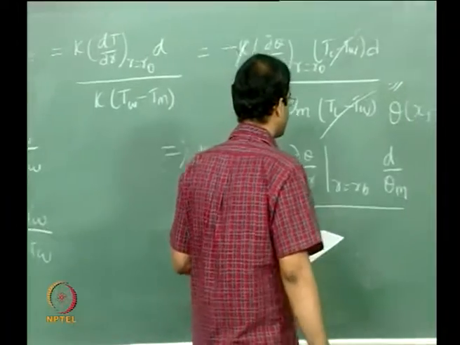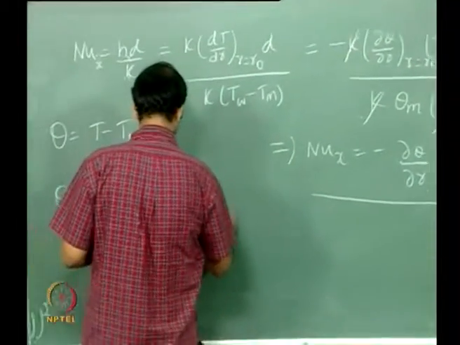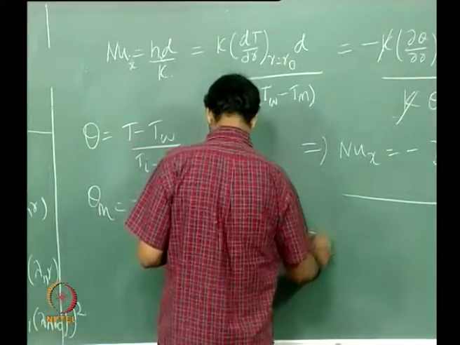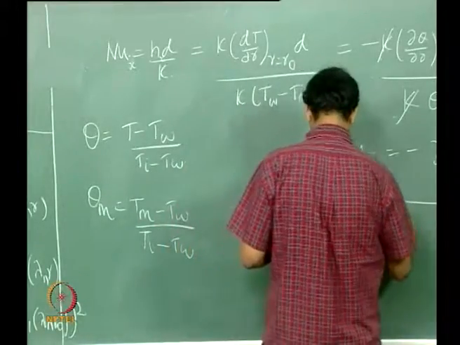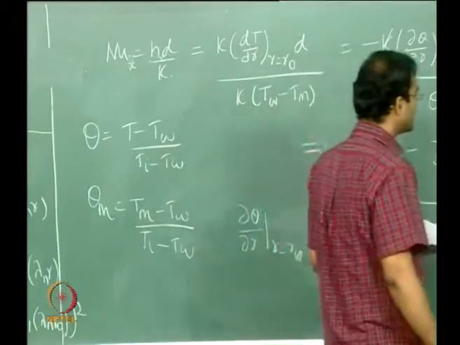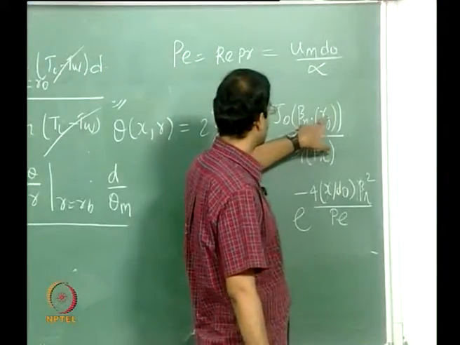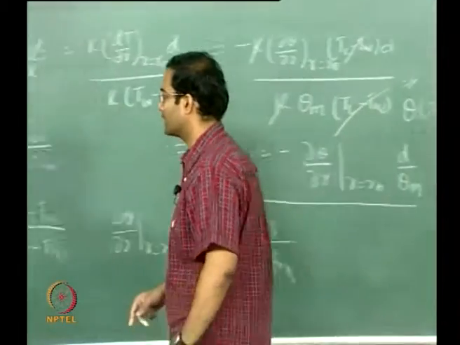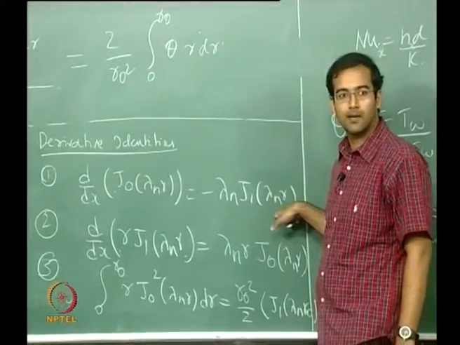And from your theta you can also calculate your d theta by dr at r equal to r naught, which comes to twice summation n equal to 1 to infinity 1 by beta n. So now when you differentiate, you have to differentiate J naught lambda n r, which, as I said, is nothing but minus lambda n J1 lambda n r.